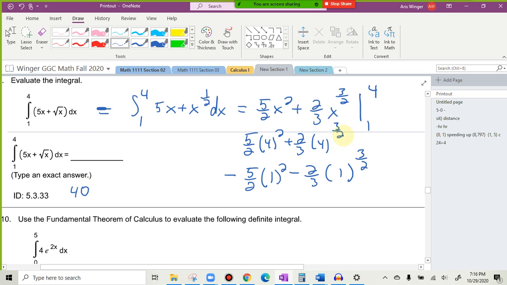Square root of 4 is 2. 2 to the third is 8. 16/3. Minus 5/2 minus 2/3.